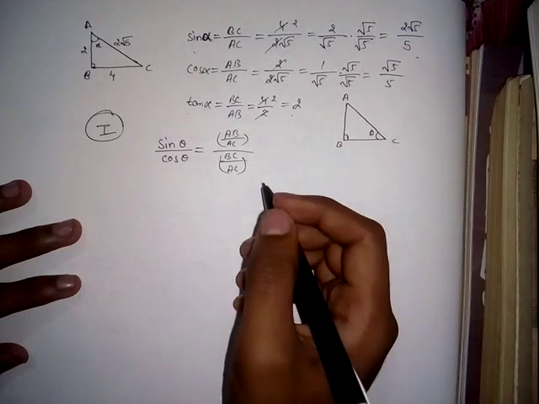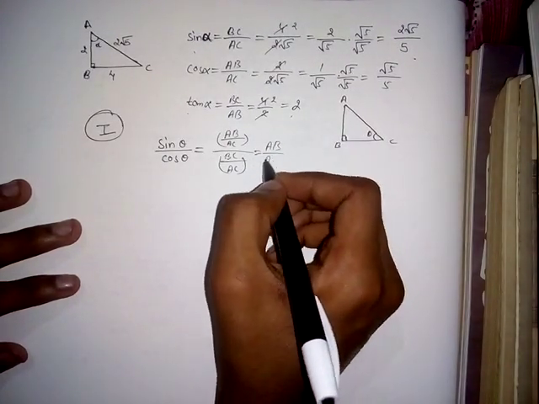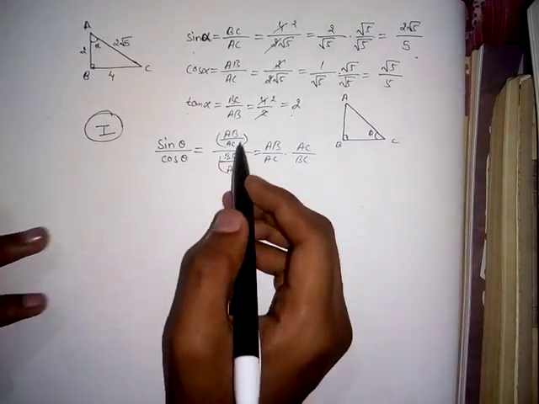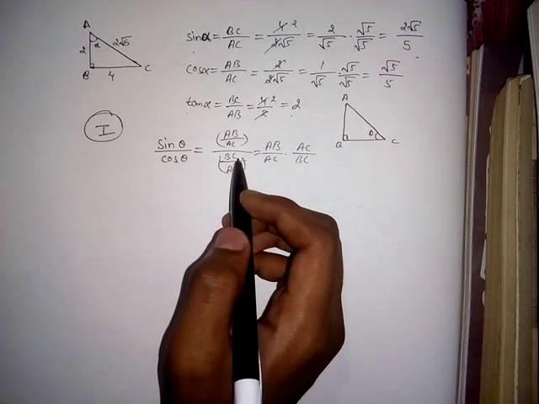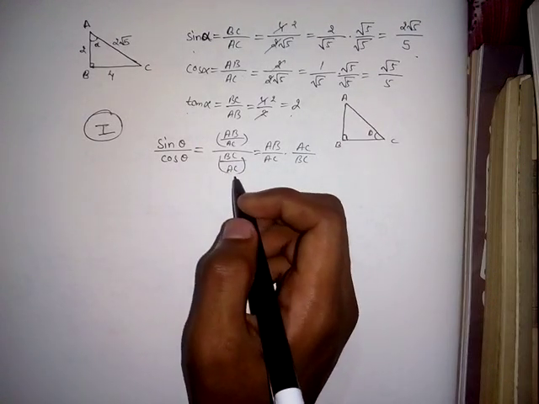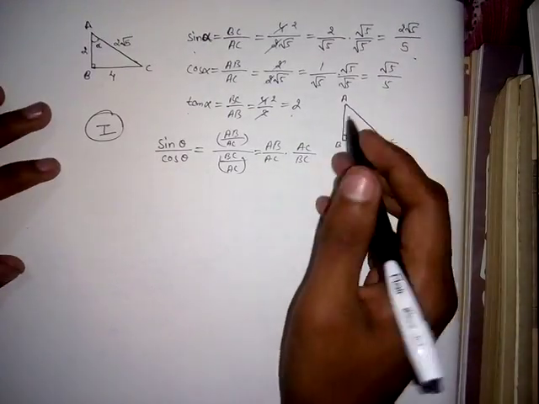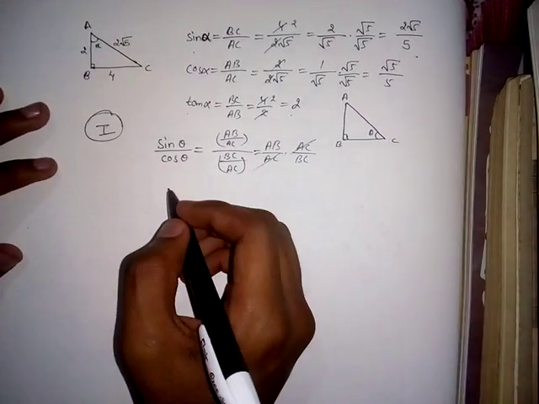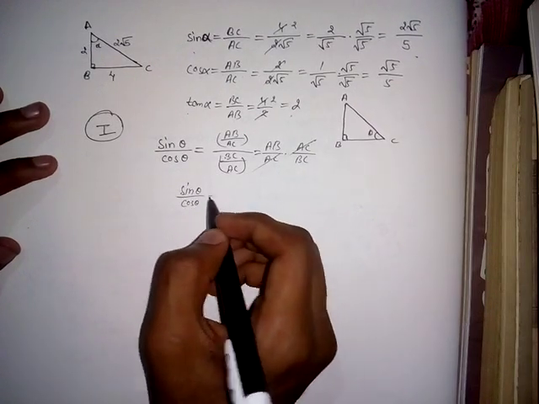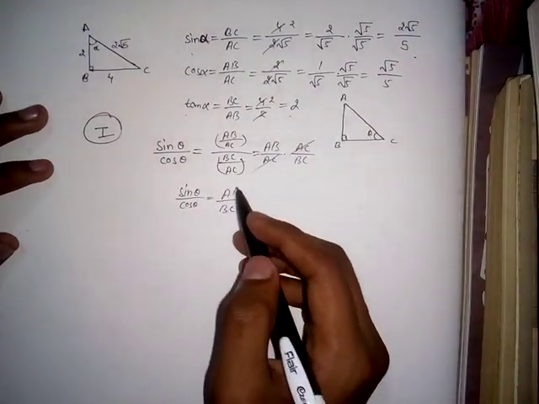Now if you use simple algebra to calculate, we'll have AB over AC times AC over BC, because AB over AC is getting divided by BC over AC. AC and AC will be cancelled, therefore we can say sine theta over cos theta is AB over BC. What is AB?